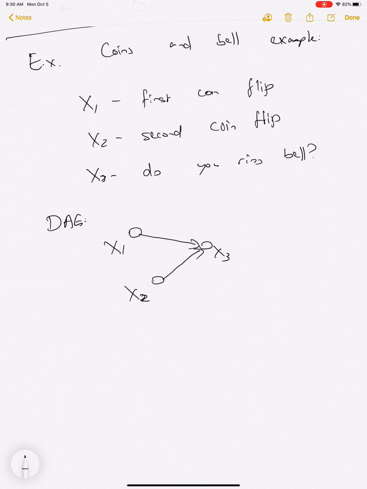And so think about the factorization here.